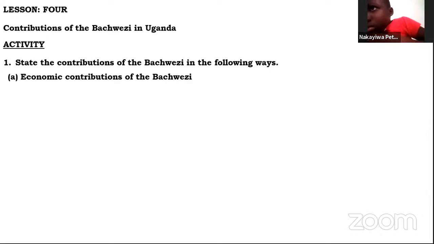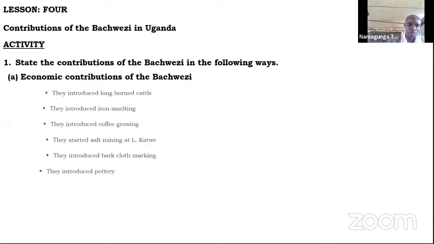We've lost our friend there. So we have others like, they started also salt mining at Lake Katwe. So we have introduced longhorn cattle, iron smelting, coffee growing. They started salt mining at Lake Katwe. They introduced backcloth making, and they introduced pottery. So those were the economic contributions of the Bachwezi.